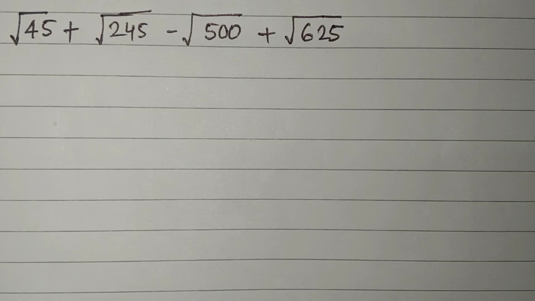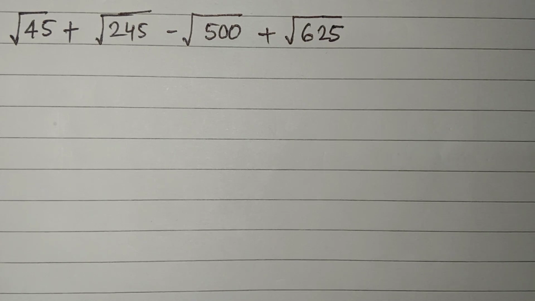Now we have root 45 plus root 245 minus root 500 plus root under 625. Let's try to write all these numbers as the product of prime factors inside the roots.